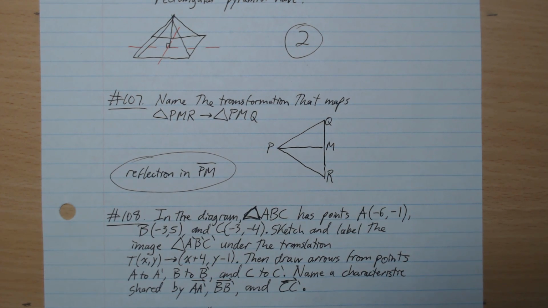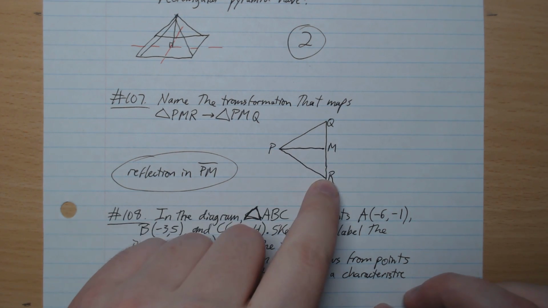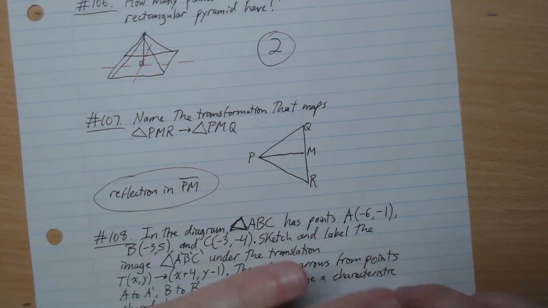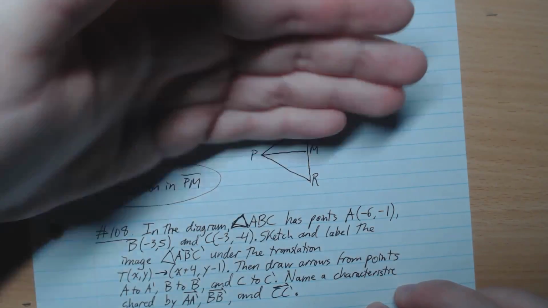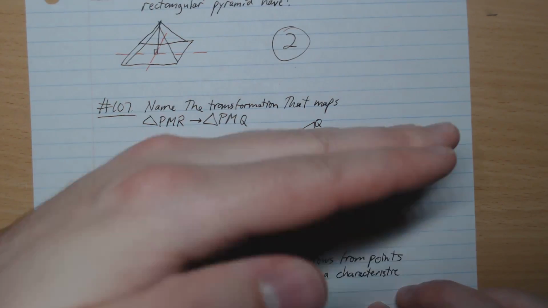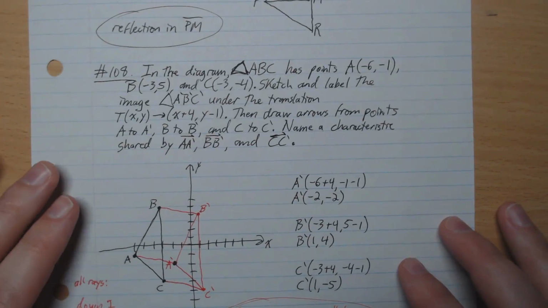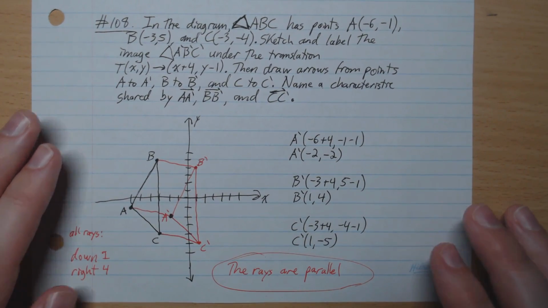Number 107. Name the transformation that maps triangle PMR to PMQ, like that. And so what it is, is a reflection in PM. So a reflection like that, as such. Okay, number 108.